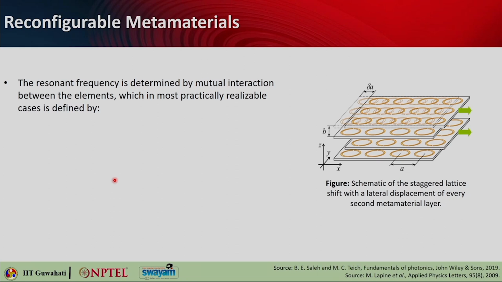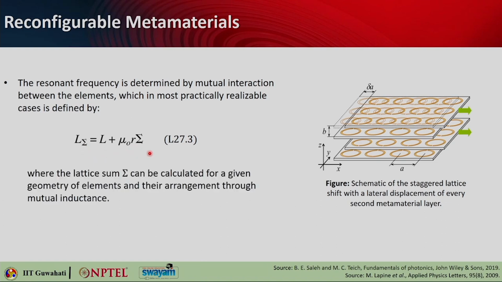Now, with that you can also see that the resonance frequency is determined by the mutual interaction between the elements, which in most practically realizable cases can be defined as L sigma. Now, what is L sigma? That is basically L plus mu naught r sigma.